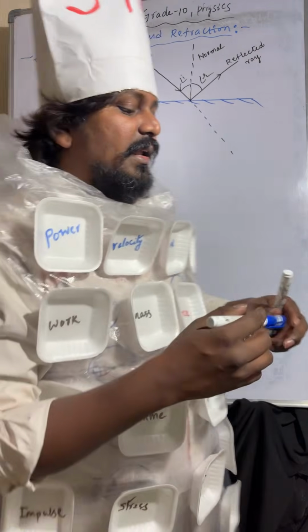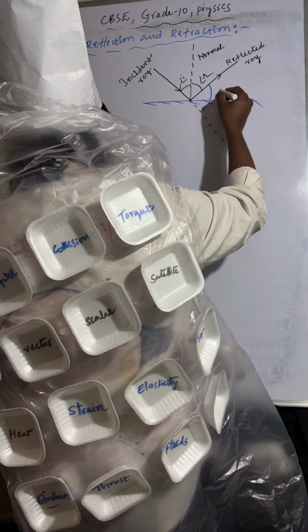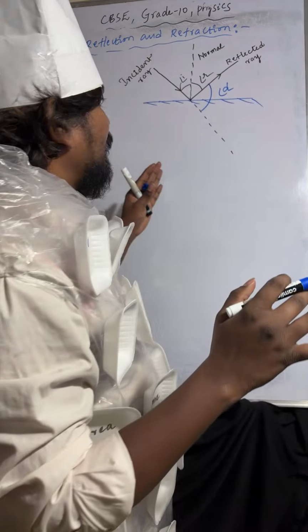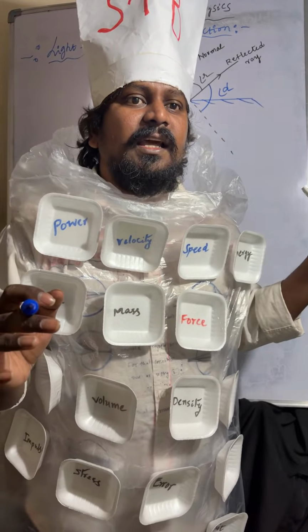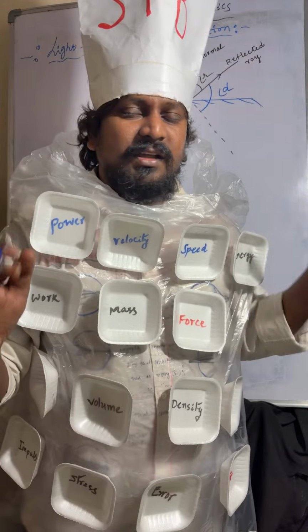The angle between the reflected ray and the undeviated line is called the angle of deviation.